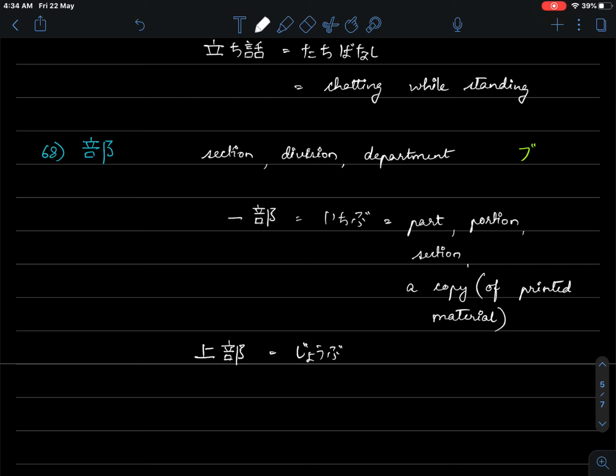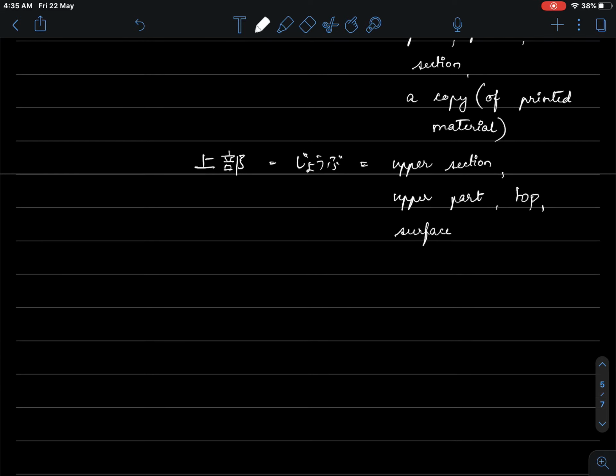This is jou, or upper section, or upper part, or the top, or the surface. Just remember upper part. You'll be able to figure out what it implies based on the context.